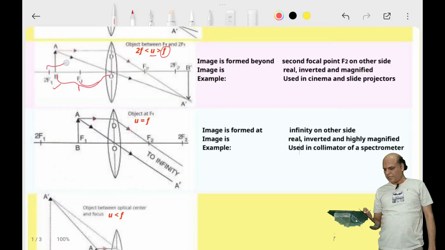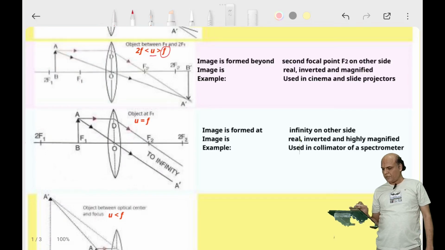So when the object is placed between 2f and f, an image is formed beyond 2f on the other side. The image is formed beyond the second focal point on the other side.